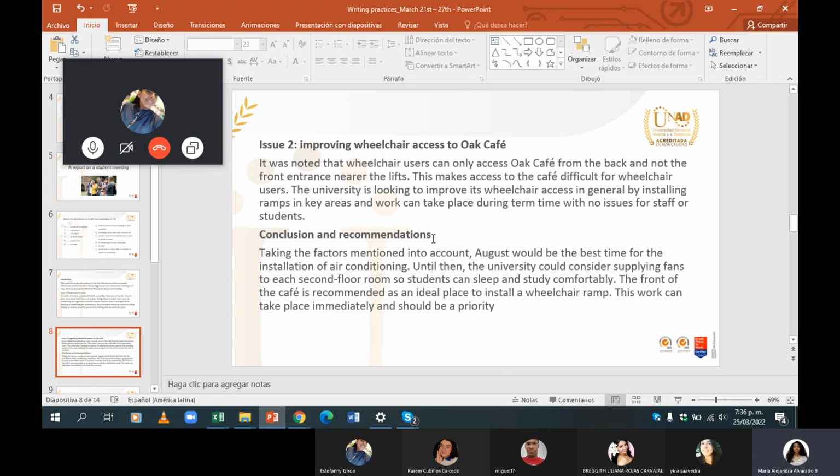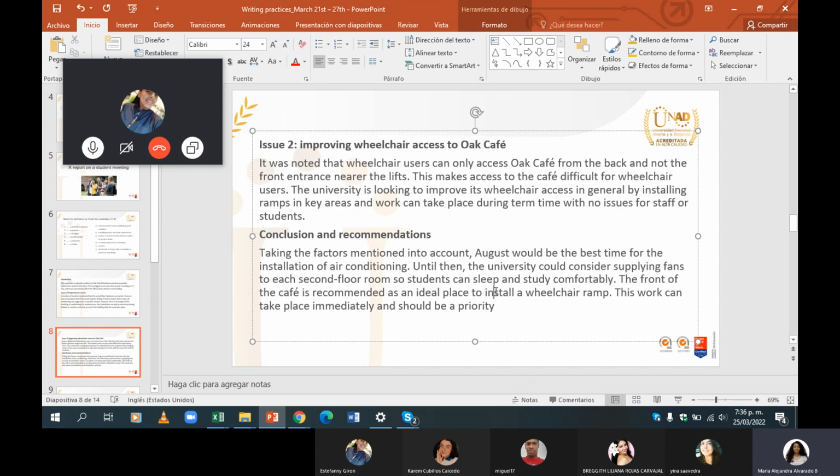Any questions related to this reading? Do you know what a wheelchair is? Any idea? Wheelchair. Sorry for the noise. Is wheelchair silla de ruedas, teacher?